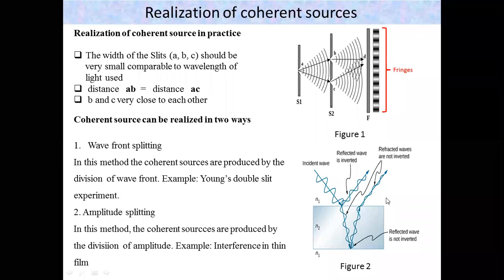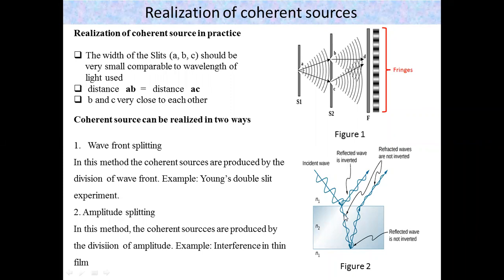Figure 2 shows the method of amplitude splitting for the production of coherent source. This figure shows two media, medium 1 of refractive index n1 and medium 2 of refractive index n2.